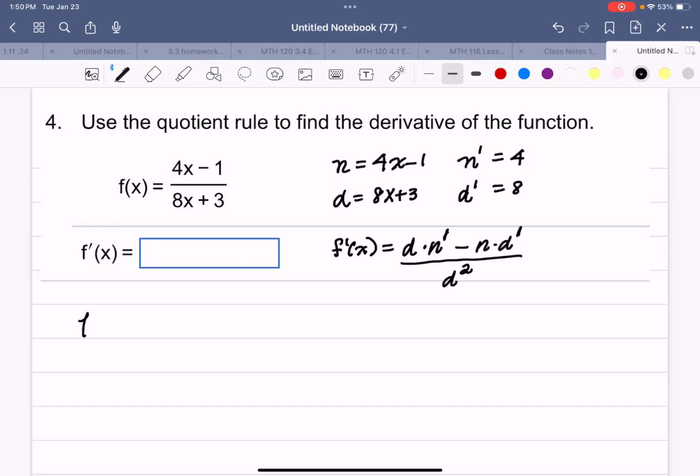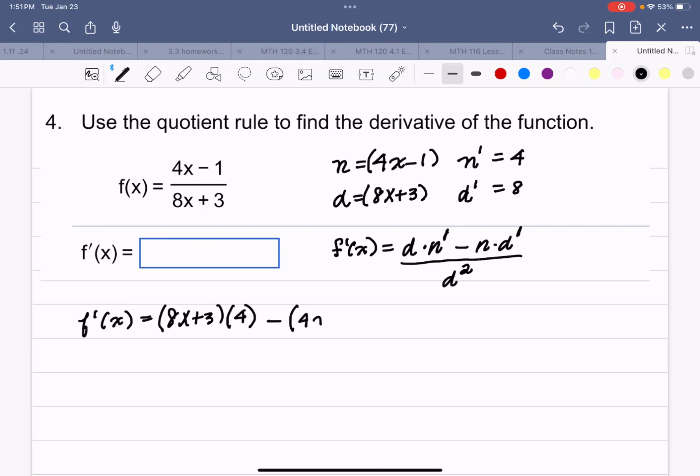So our f prime of x is going to be our denominator. And look, whenever you have more than one term, got to put those parentheses. So 8x plus 3 in parentheses. N prime, derivative of the numerator is 4. Now minus is very important. It's not a plus. It's a minus when you're doing the quotient rule.